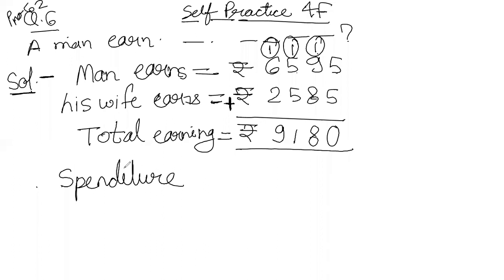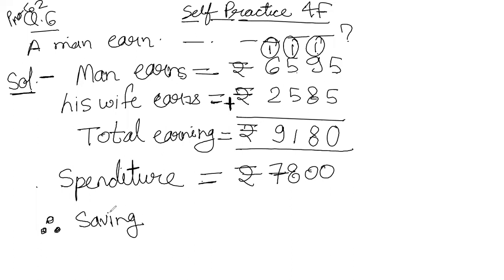What is their expenditure, how much are they spending? They are spending rupees 7,800. Therefore, saving is equal to total minus expenditure.